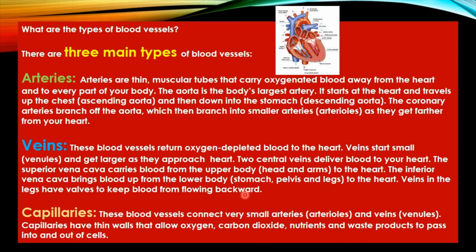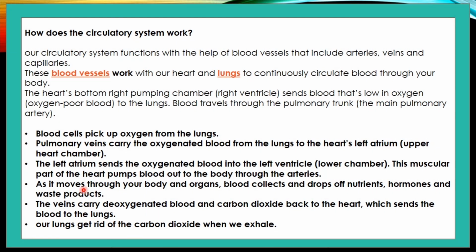Since it is a tube, a backward flow could occur, so to stop that, valves are present in the veins. Only veins, not arteries. Now capillaries. These blood vessels connect very small arteries and veins. Capillaries have thin walls that allow oxygen, carbon dioxide, nutrients and waste products to pass into and out of the cells.